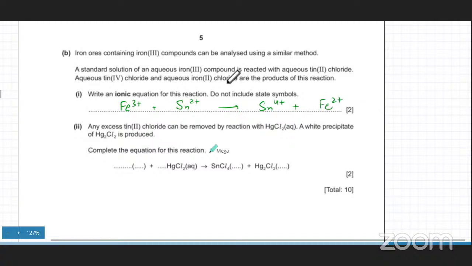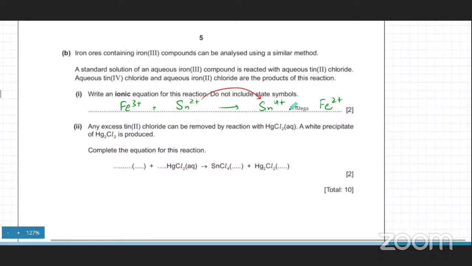But this equation looks balanced. But can anyone tell me what's wrong with this equation? The number of electrons lost and gained are not the same. Okay, the number of electrons lost and gained have to be made equal. Always check for that when you have a redox reaction. So you have Sn2+ turning into Sn4+.